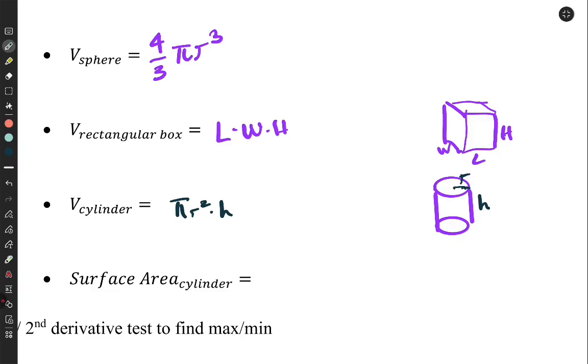Give me maybe something like a radius. Give me a number. Any number. 3. Okay, 3 centimeter. It has to have a height, right? How high is this? 5? Plug in there. 5.